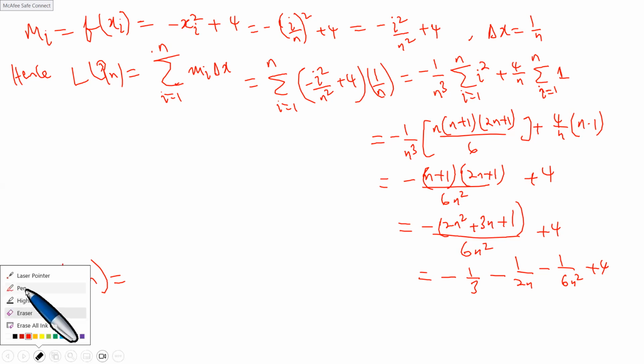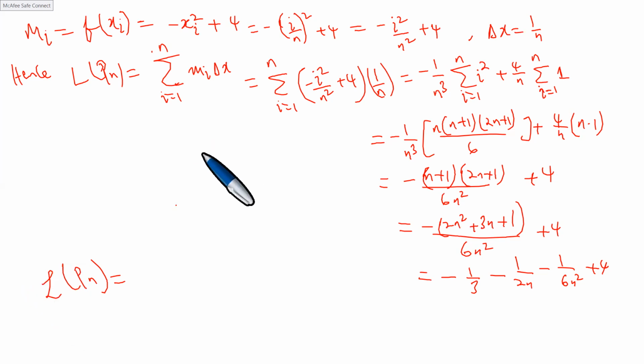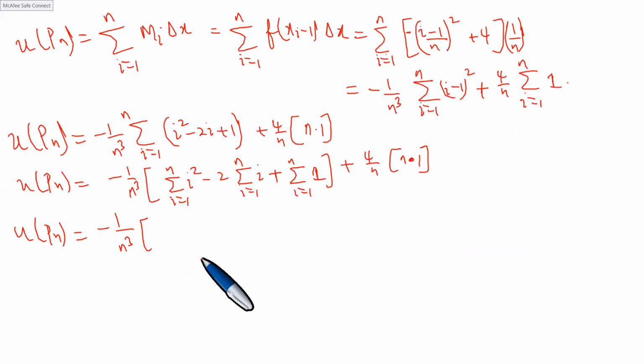So what do we get in here? 4 minus 1 third, 11 out of 3. Okay, this is perfect. It looks perfect. But we're going to see the other one.